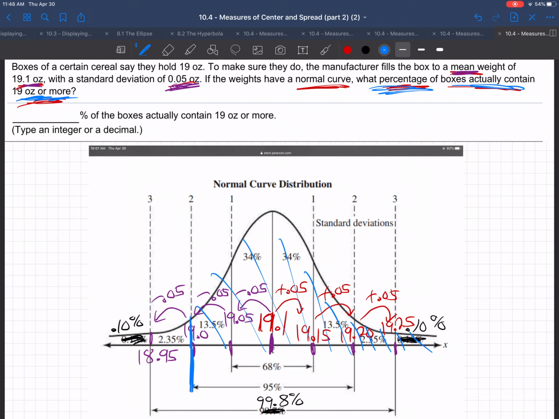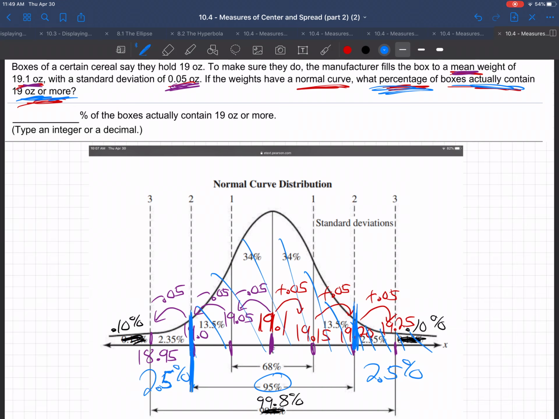between these two blue lines is 95% of the data. 95% of the data is between those blue lines. And so if that's 95% of the data, that leaves 5% on the outside, which is 2.5% on each side, isn't it?